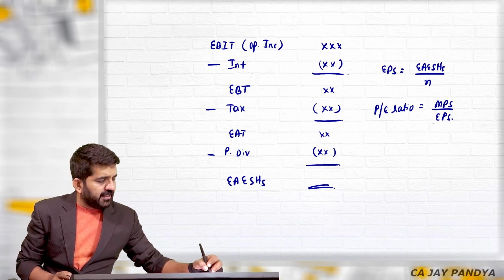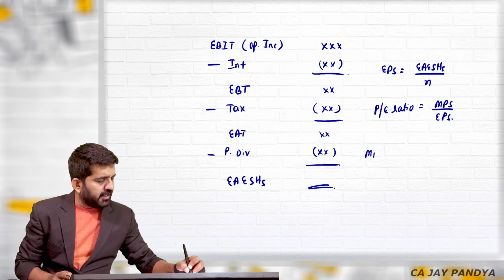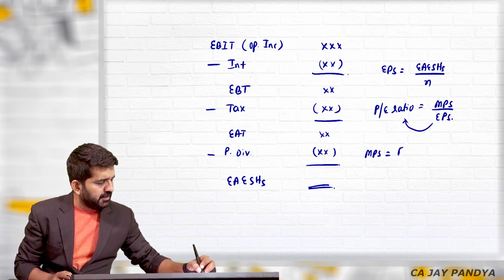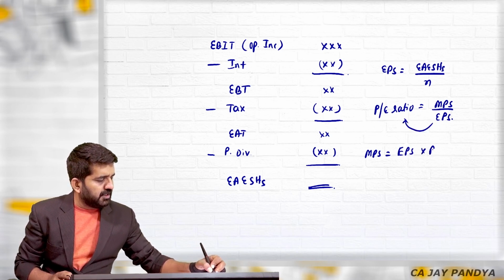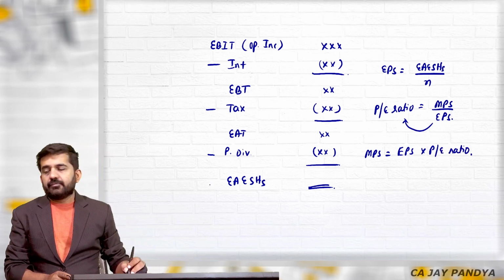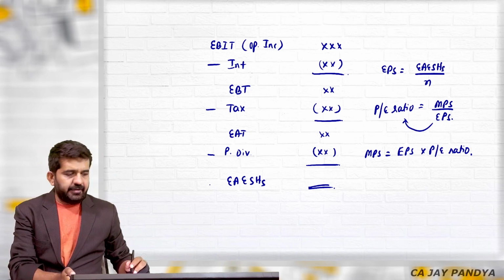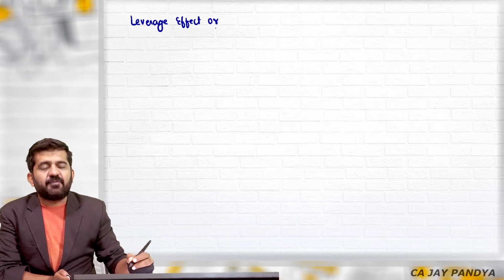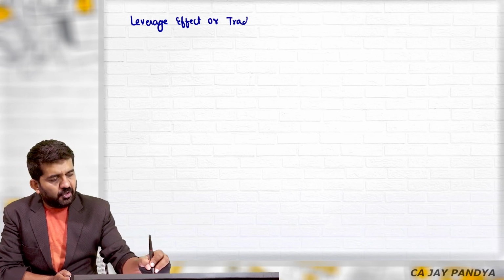So if PE ratio is given, I can find out MPS by EPS multiplied by PE ratio. This is the profitability statement. Then we understood how to take a capital structure decision. And the concept was leverage effect or trading on equity.